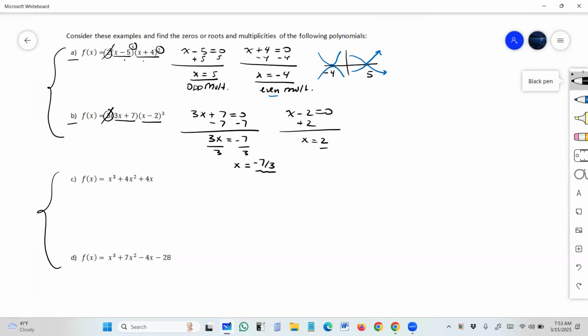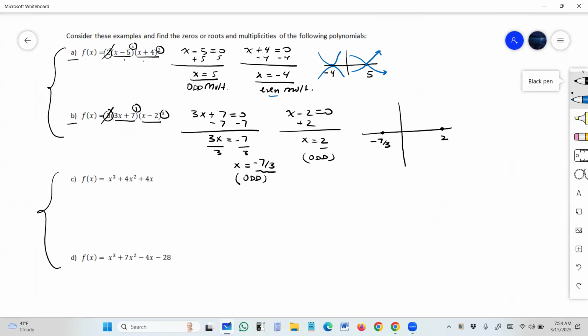Now, in the first case, again, I have odd multiplicity. And with the x minus 2 factor, I also have odd multiplicity. So if I were to graph again, here is one of the roots, 2, and here is the minus 7/3.